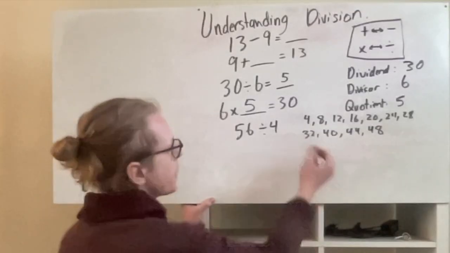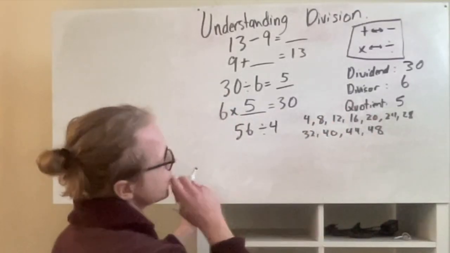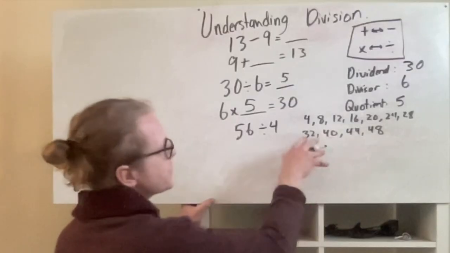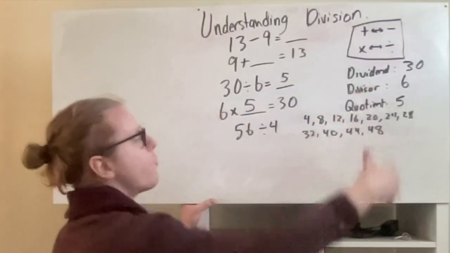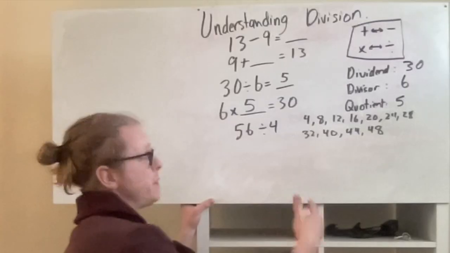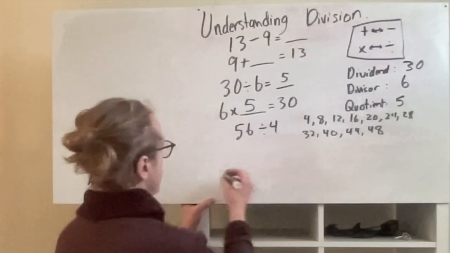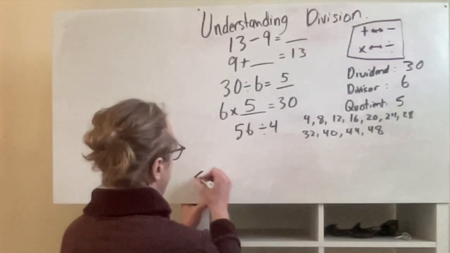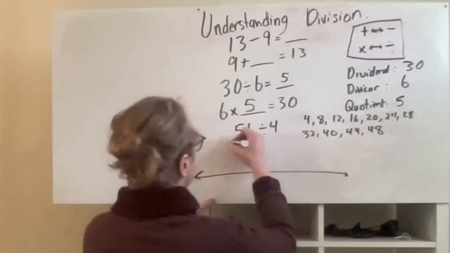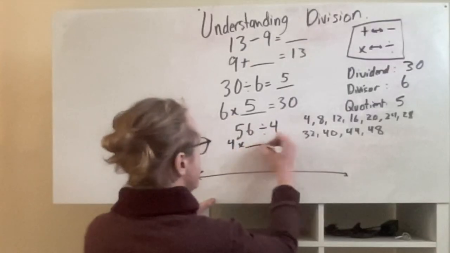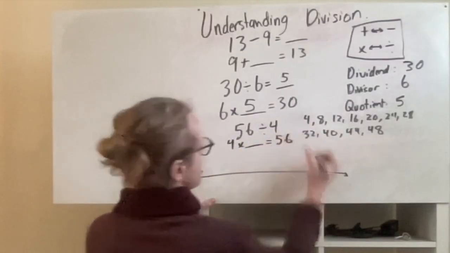Now I'm going to look at this and think, okay, what's the biggest multiple of 4, or at least it doesn't have to necessarily be the biggest, but the more comfortable one that I could jump to in my head, right? I'm counting by 4s. Like how many fours do I need to get up to 56, right?